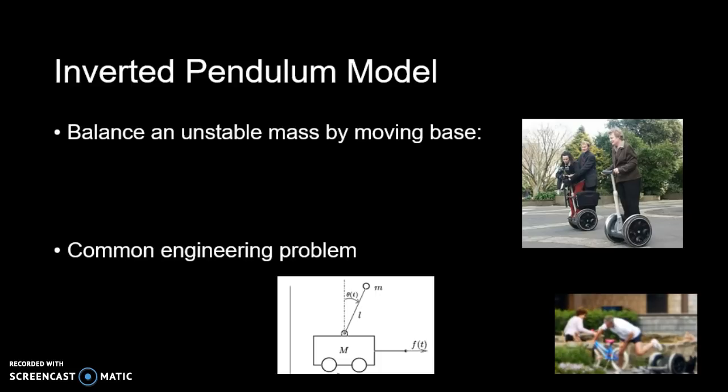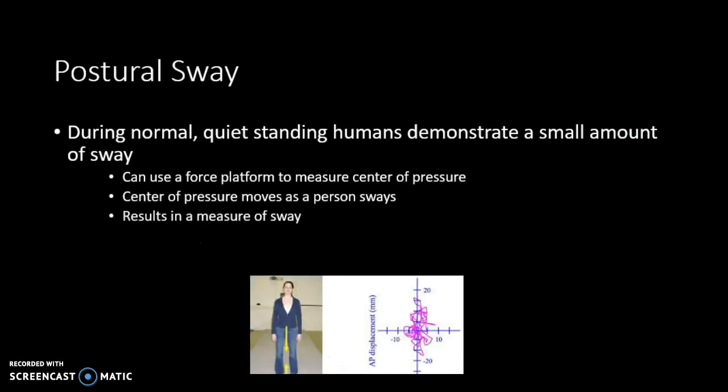Obviously, we see that there's a small base of support down at the bottom for the Segway. Then you put a person on top of it, so if it can balance, you can fall on a Segway, but you know, it's a mechanical engineering issue that we're constantly trying to solve.